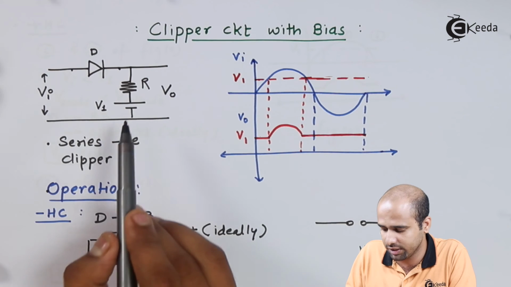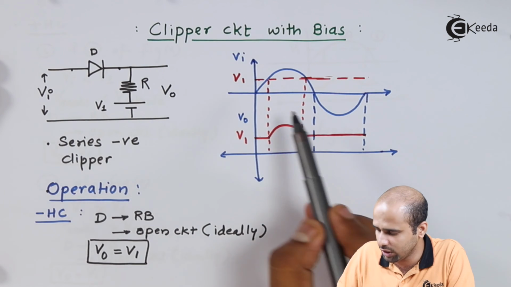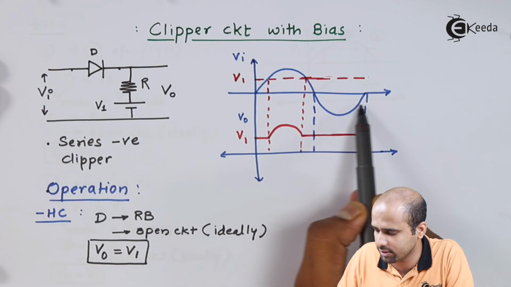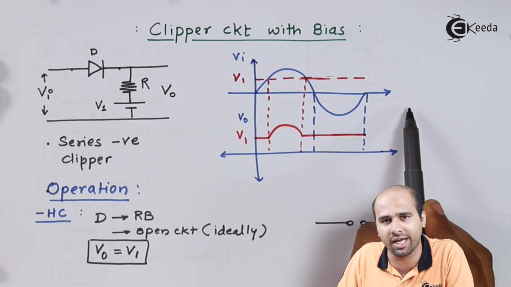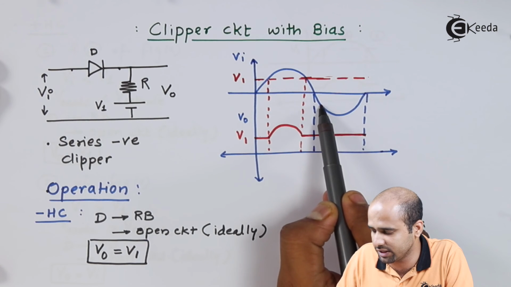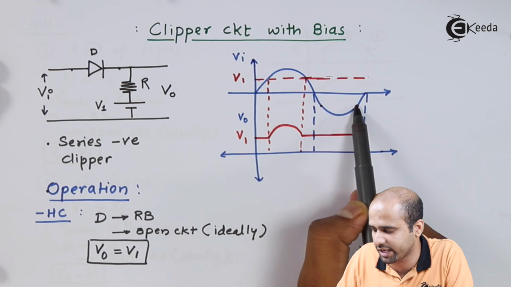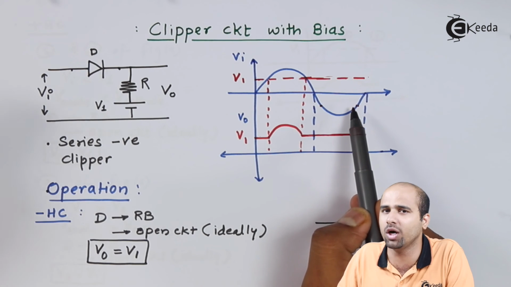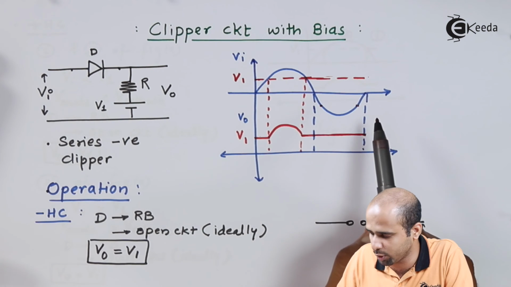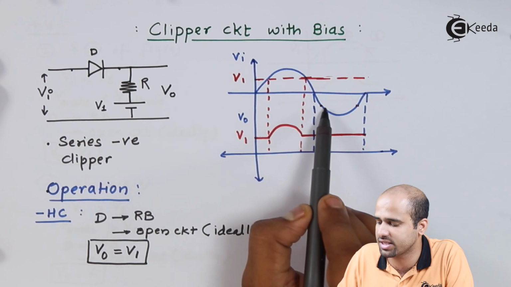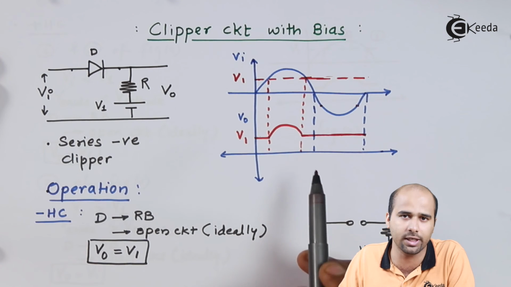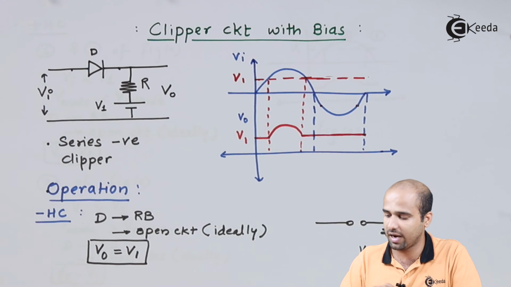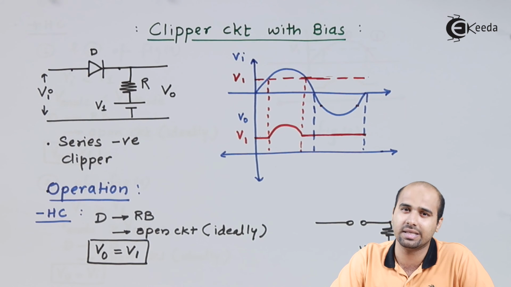If I have a negative value, then I'll just place the horizontal line and it will intersect the negative half cycle, and only this portion of the negative half cycle will get clipped off, right? So part of the negative half cycle will get clipped off here and we get the maximum portion of the input signal. So this is how we'll have to deal with a complex clipper circuit with external bias potential.